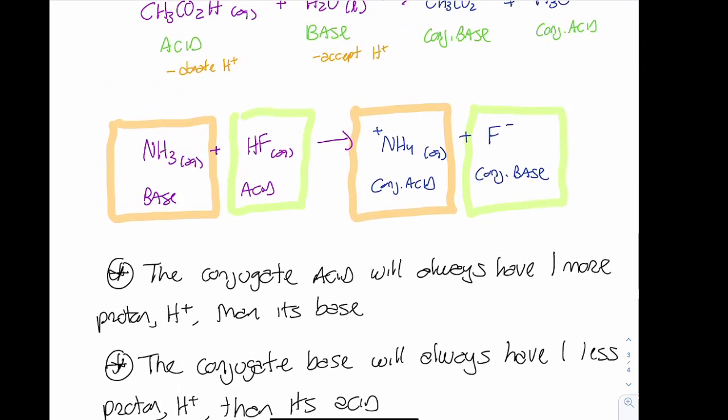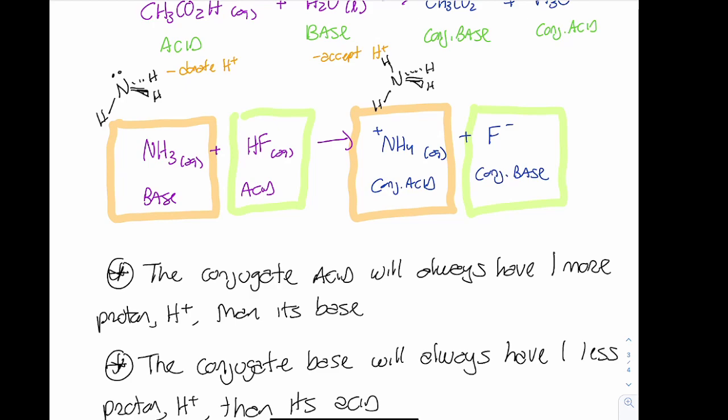If you were to draw the Lewis structure for ammonia, ammonia's trigonal pyramidal with a lone pair of electrons. NH4 plus is tetrahedral and doesn't have a lone pair of electrons.